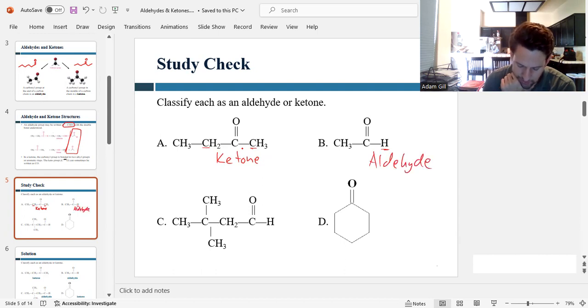For C, there's another hydrogen next to the carbonyl, so that's going to be an aldehyde as well. And D, we can see that there's carbons on both sides of the carbonyl, so that's going to be a ketone.